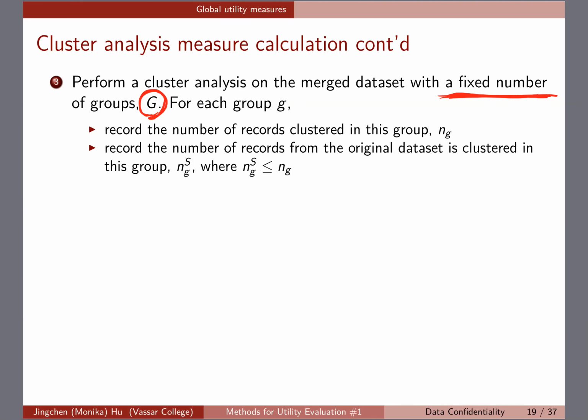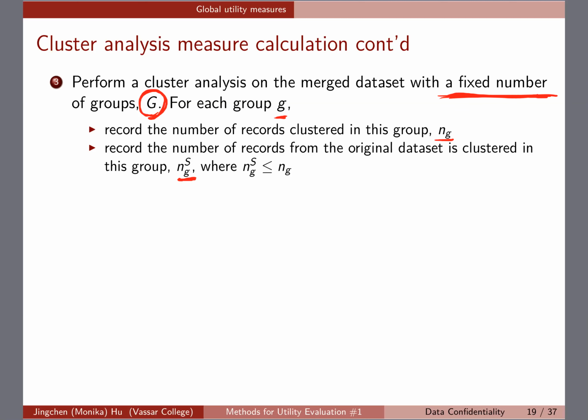With each group, small g, once we do the cluster analysis, we find the number of records clustered in this group. I'm using n subscript small g to indicate the total number of records, both from the synthetic and from the original. Then I'm also going to record NGS, the number of synthetic records that fall into that group.